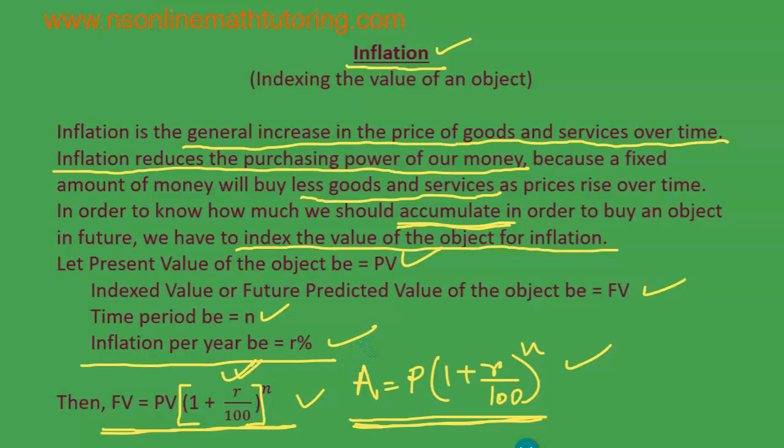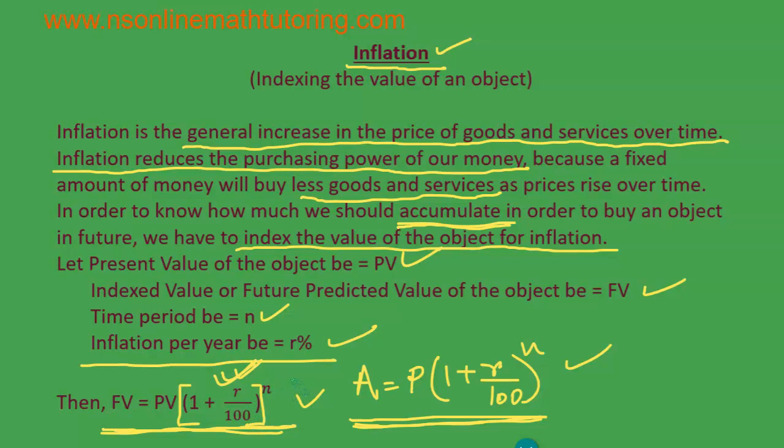Over there, I have explained how we are getting the terms which follow the geometric sequence pattern and how the common ratio is equal to 1 plus R over 100. Okay. So the formula for the indexed value or the future predicted value of the object is FV equals PV times 1 plus R over 100 whole to the power of N.